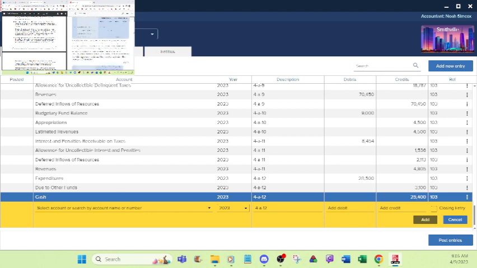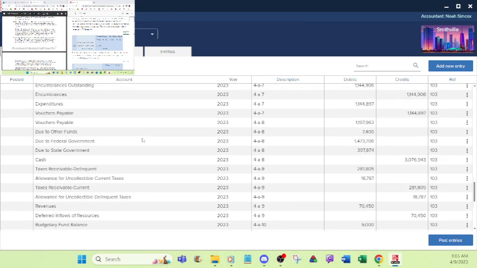In the governmental ledger, we have this and this. Do you show cash? Do you show cash? If you pay cash between two different funds, like you pay cash to another fund, does that show up?